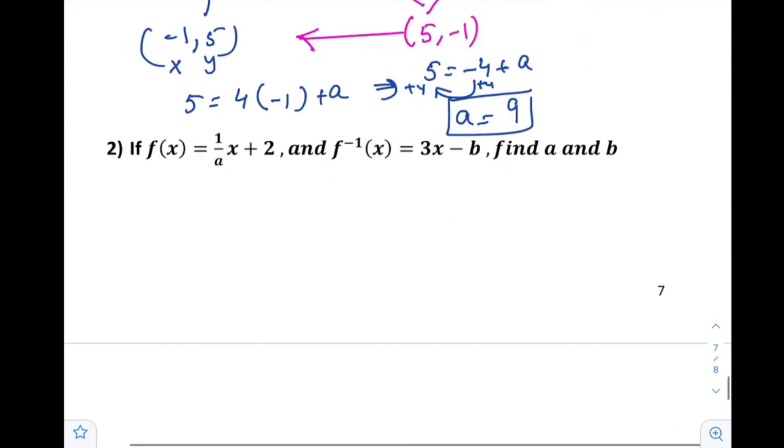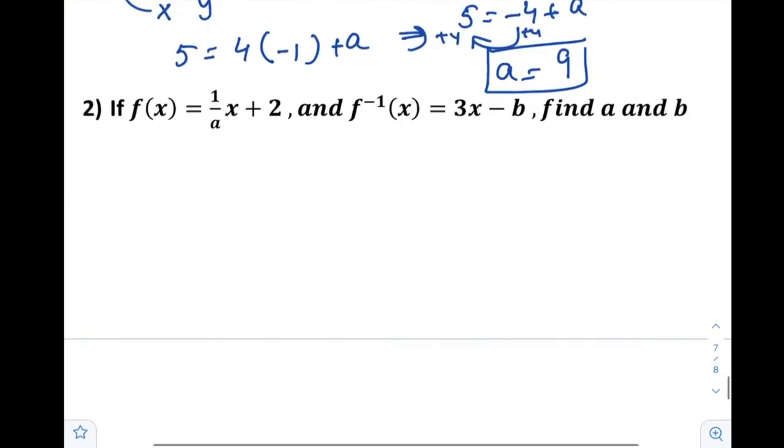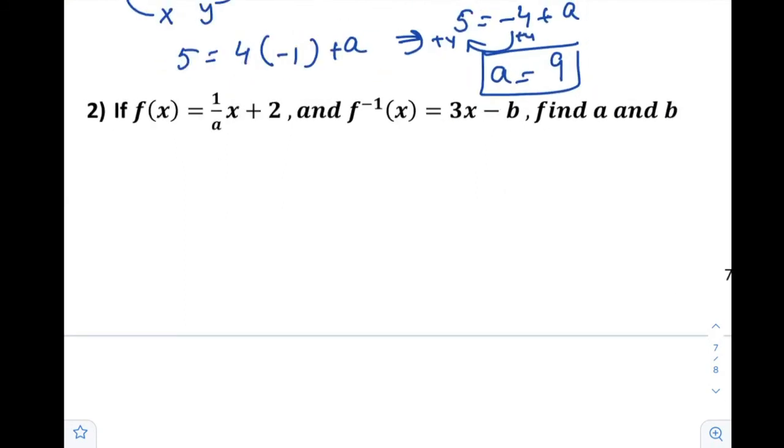Last question. If f of x is 1 over a, x plus 2, and the inverse is 3x minus b, find a and b. Now, as you see here, let's compare the slopes. The slope of the function f of x is 1 over a. So here my slope m is 1 over a.